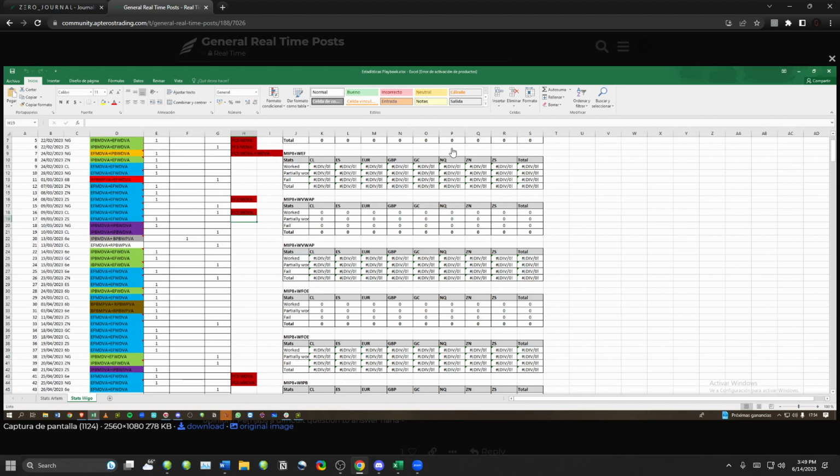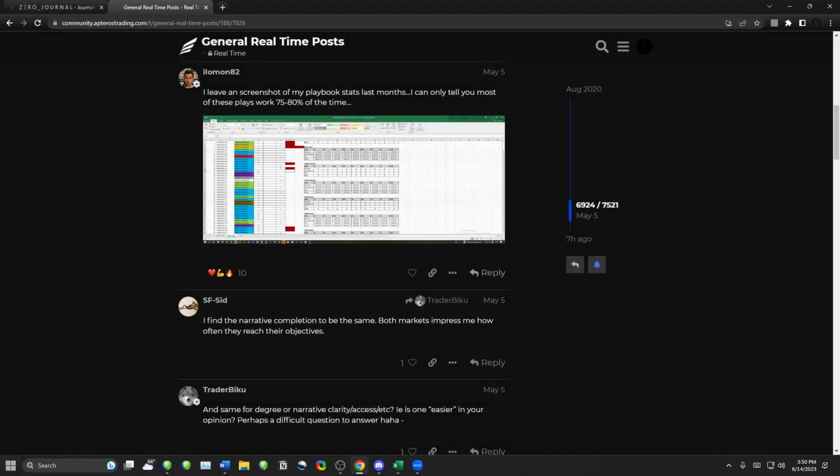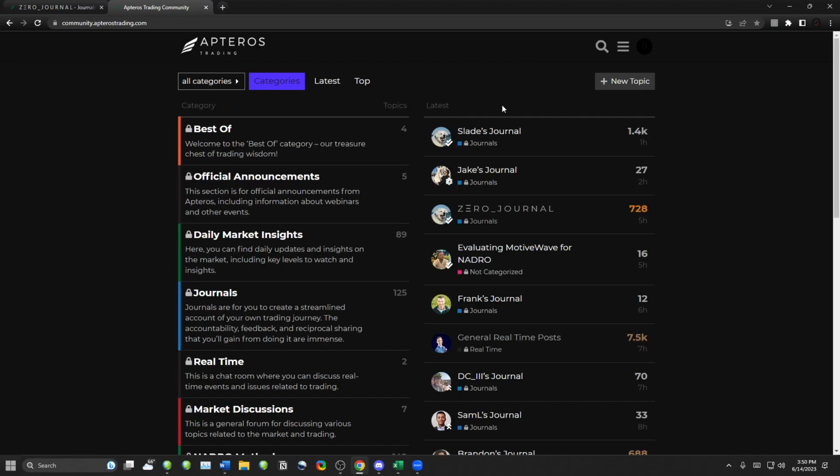Is it necessary to quantify narrative and to what degree? That's going to be up to you in terms of how specific you want to get with quantifying narrative. Another person that I knew did a decent job of quantifying some narrative and some playbook plays. I believe, let me see if I can find the journal.